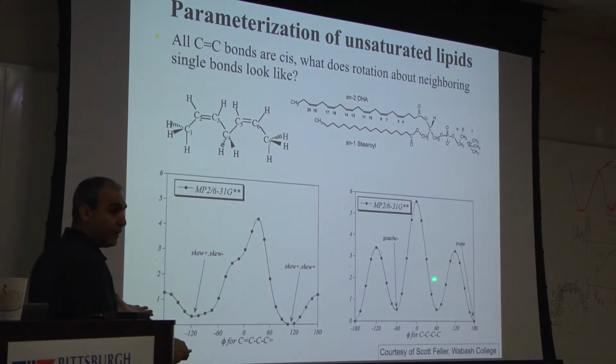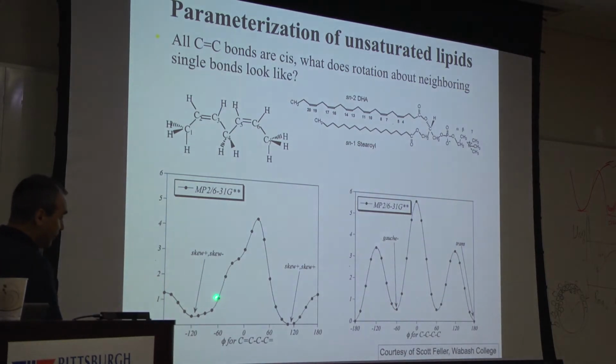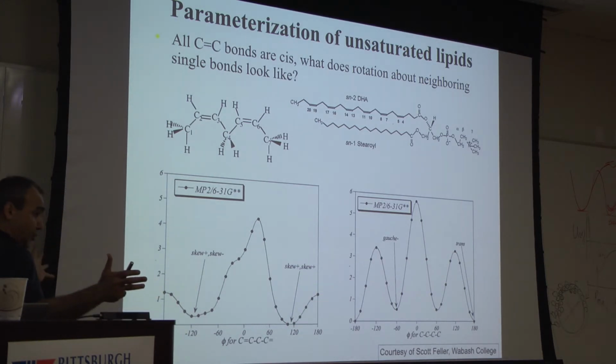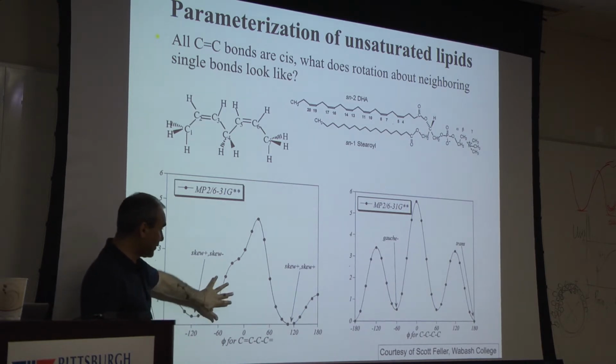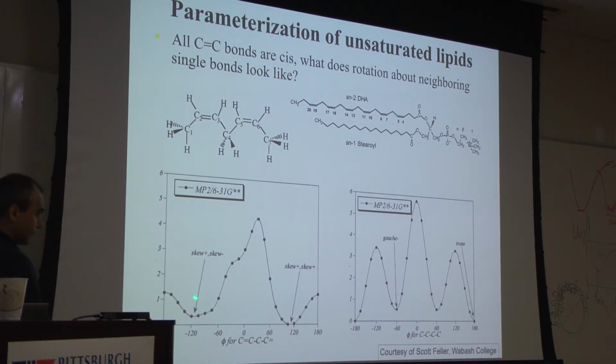Very different profile. So the barrier against the rotation is sort of similar, 4.5 kilocalories per mole here, 5.5 kilocalories per mole. It's not too different. But see, the width of these energy wells is much larger. And that means you're going to accumulate more of these kinds of conformations.